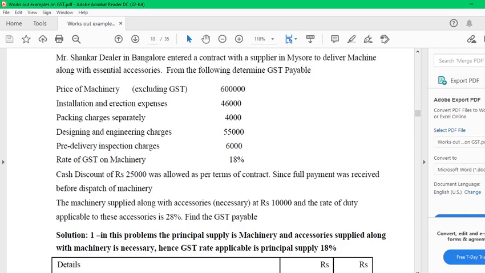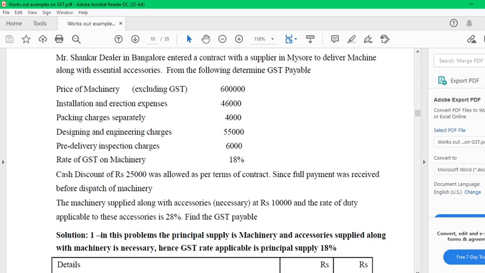The accessories supplied along with the machinery are necessary. Necessary means it is a principal supply. Let me give an example. Necessary is a blended relationship between two or more products. Here machinery is one product, and some other accessories, maybe packing or whatever, are items necessary along with the machinery.